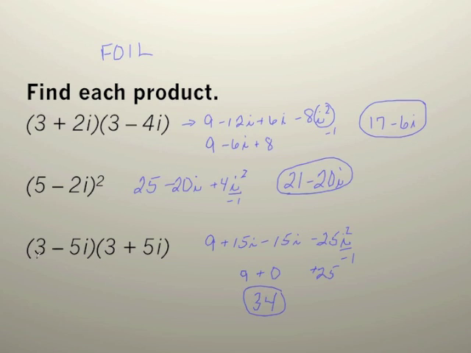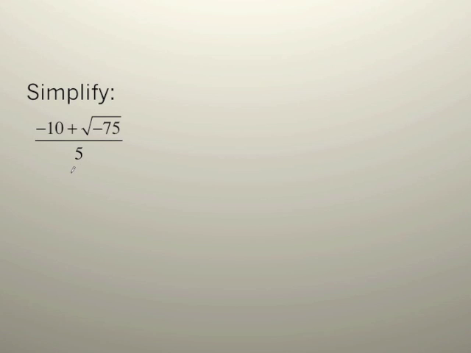You may remember, this looks like the factors for a difference of squares, and that's really what I do have. Let's simplify this. Well, use our definition here first. We'll have negative 10 plus i times the square root of 75 over 5. The square root of 75 does have a perfect square factor, 25 times 3. So the square root of 25 is 5.